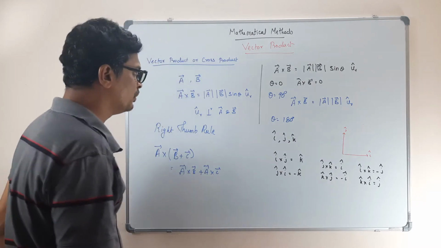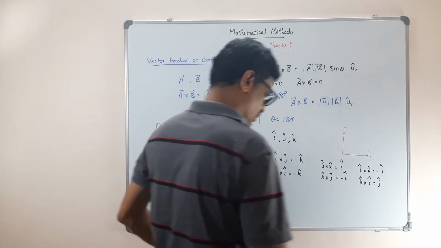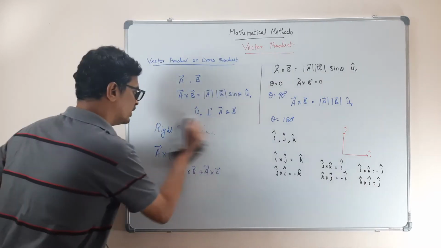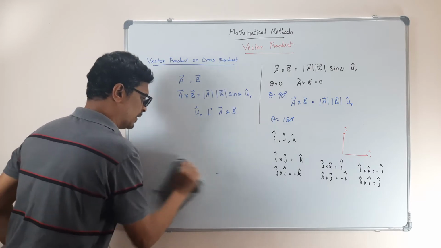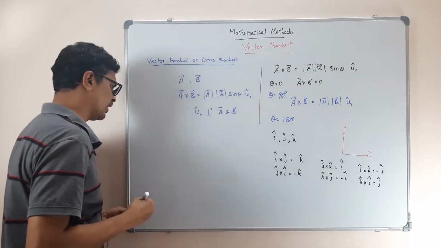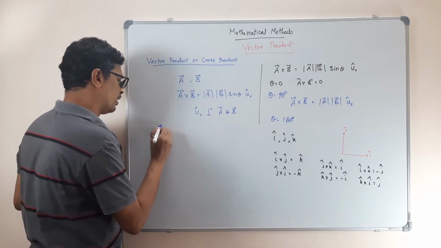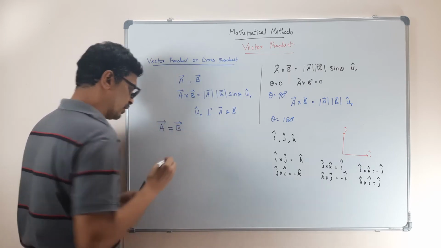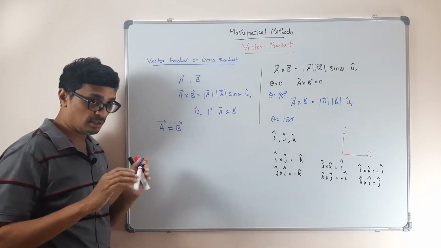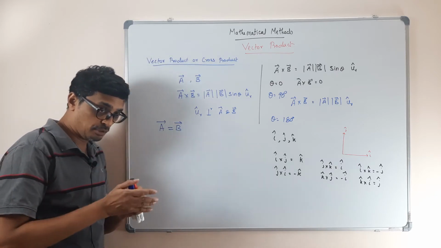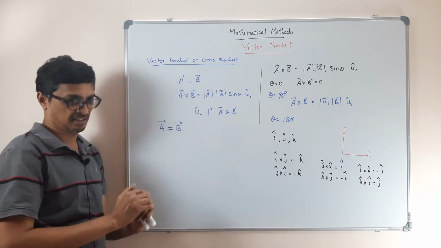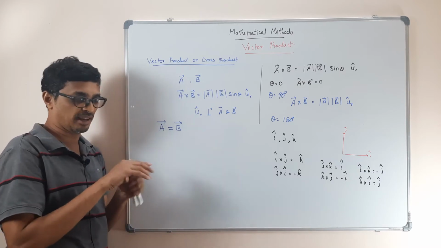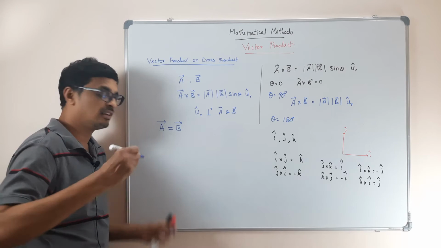Okay, so if I give you two equal vectors, what am I going to say? Let me say A vector is equal to B vector. So when you say two vectors are equal, they both are equal in magnitude as well as direction. Okay, so when they both have the same direction, what will be A cross B?